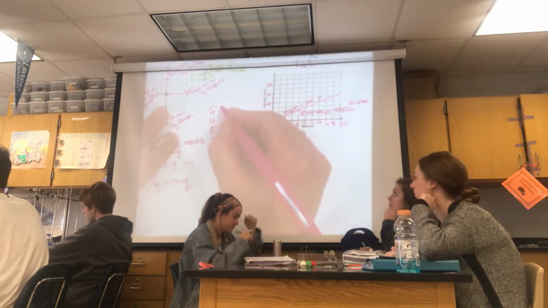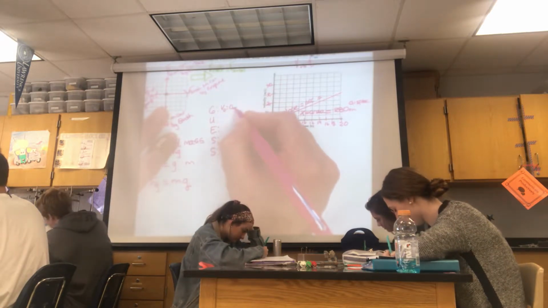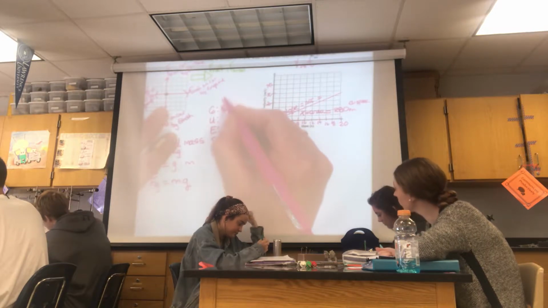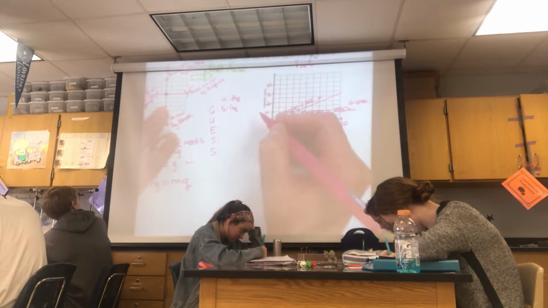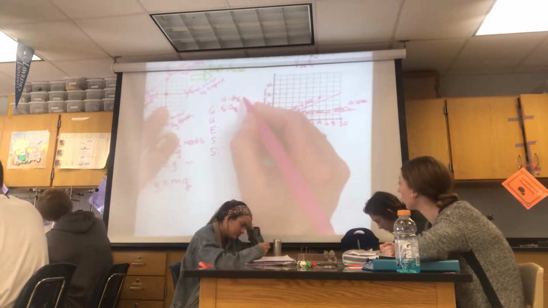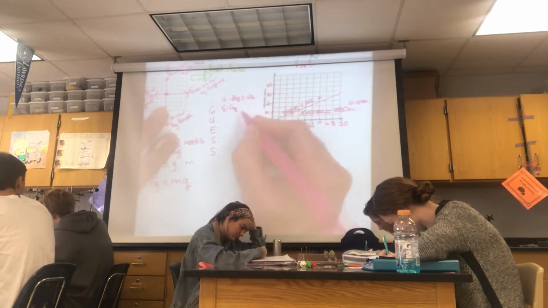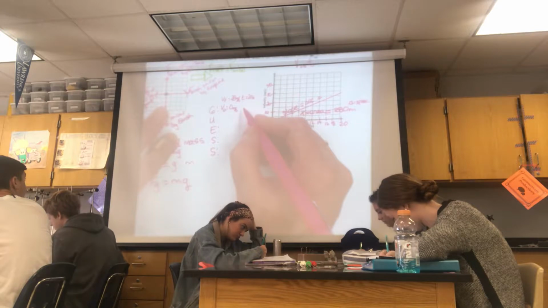Right, so what does rest mean? V naught equals 0. What else? V final equals 28. All right, what else do I know? T equals 20 seconds. There's something else up there.